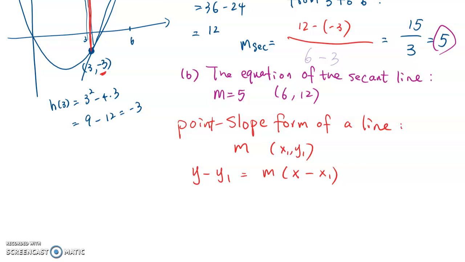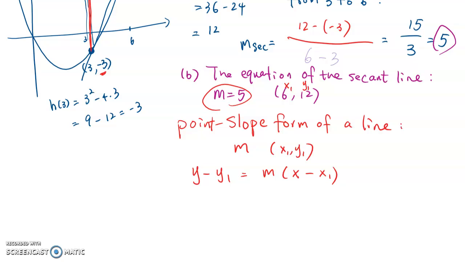Right, so here we know m is 5, and we can use 6, 12, or if you want to use the other point 3, negative 3 as your x1, y1, both points are okay. So I'm going to use the 6, 12. So that will be my x1, y1.